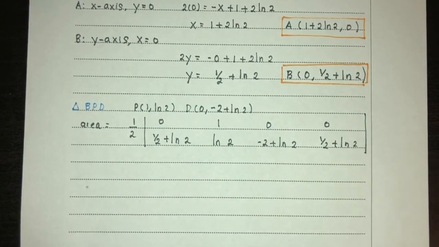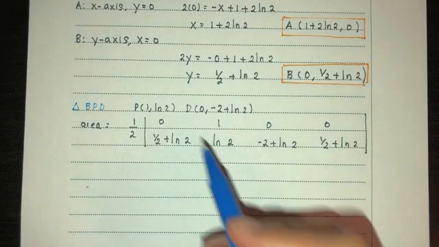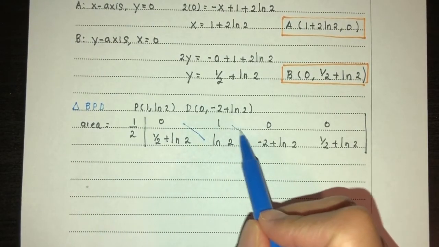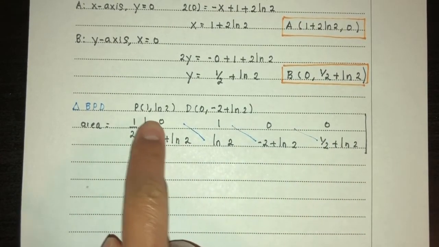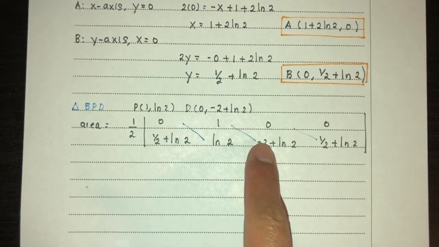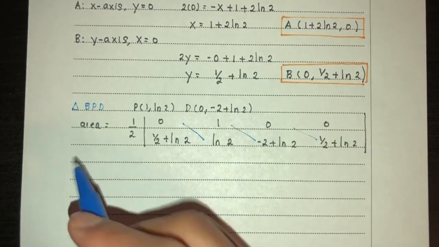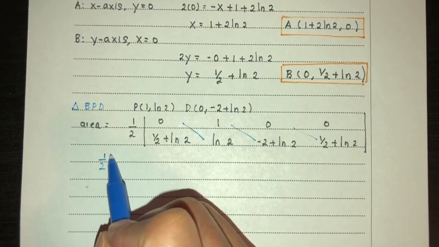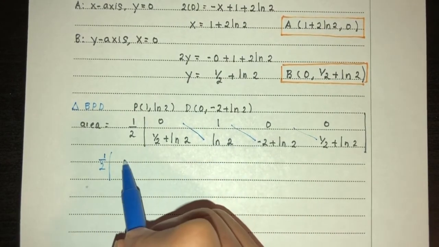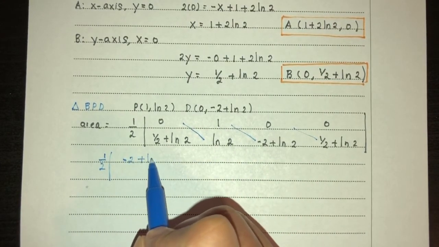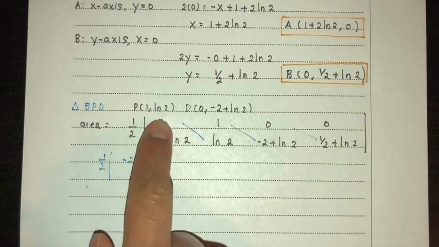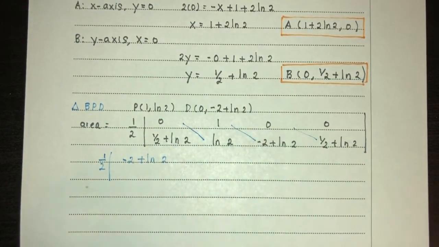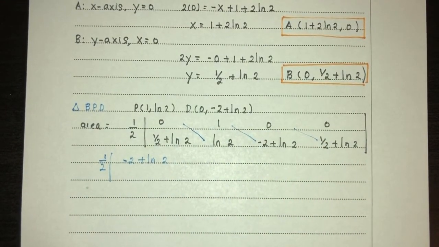Okay, so now we have to multiply. First, we do it in this direction. 0 times this will be 0, plus this times this, and that will be 0. So your answer will be half, and you will have only this one, which is minus 2 plus ln 2, because this will be 0, this will be 0 as well. So there's no use multiplying these two.